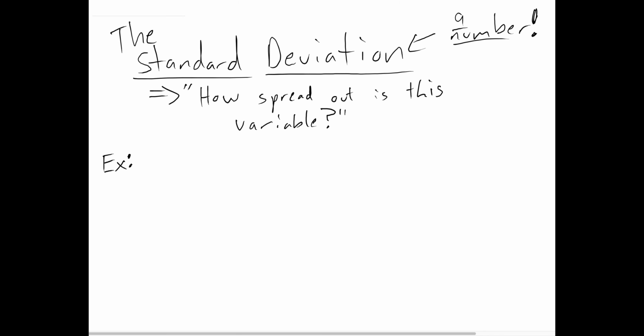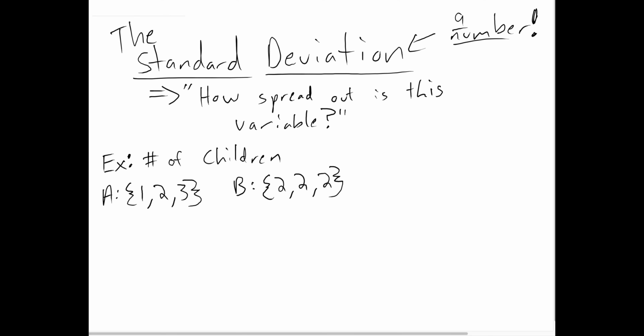For example, we just looked at 2 different little data sets with the number of children. We said both of these groups have the same sample mean of 2. But we want to quantify the idea that group A here is more spread out than group B. And it's very obvious here, group B is all the same. That is the least spread out a group of numbers could possibly be.